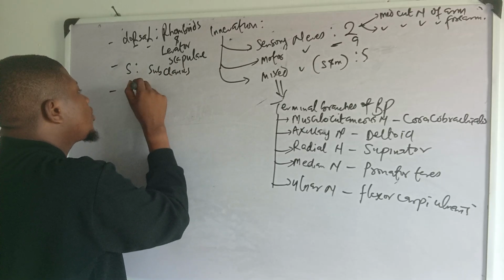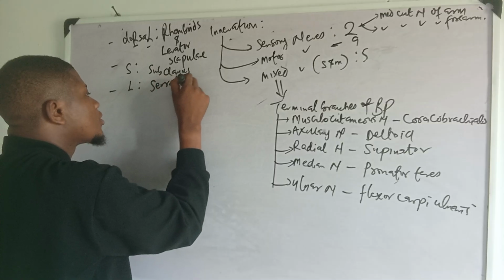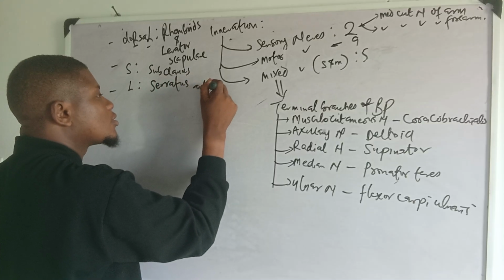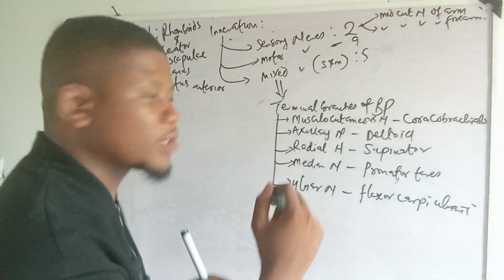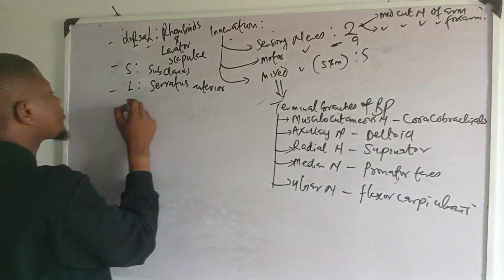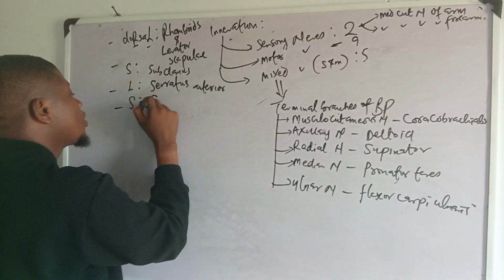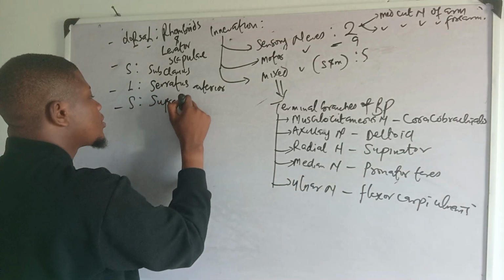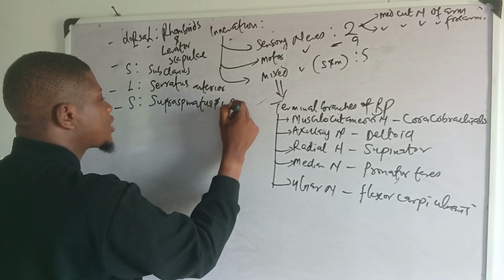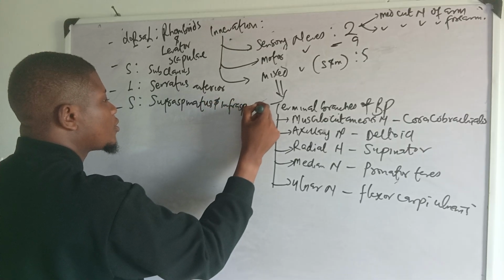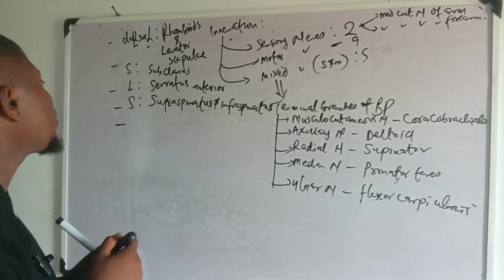Then L: long thoracic nerve, which supplies serratus anterior, the muscle we call the boxing muscle. Then suprascapular nerve supplies supraspinatus and infraspinatus. Then I think we're done with these four.